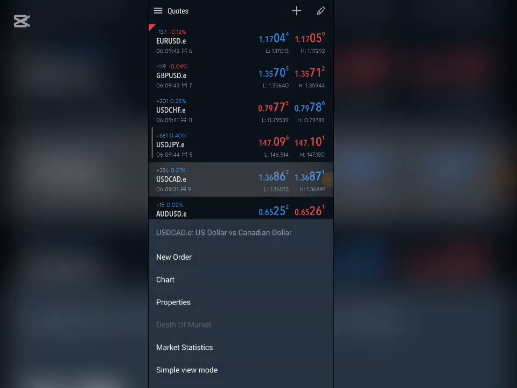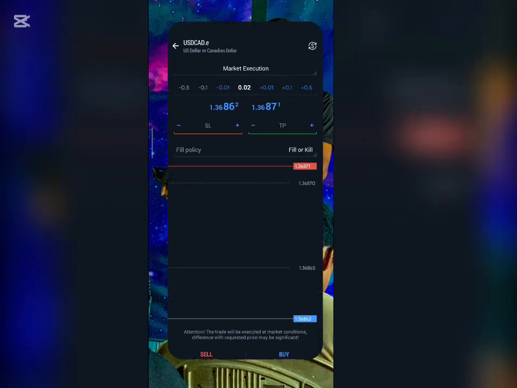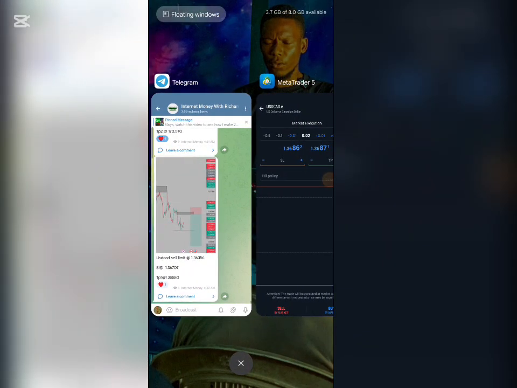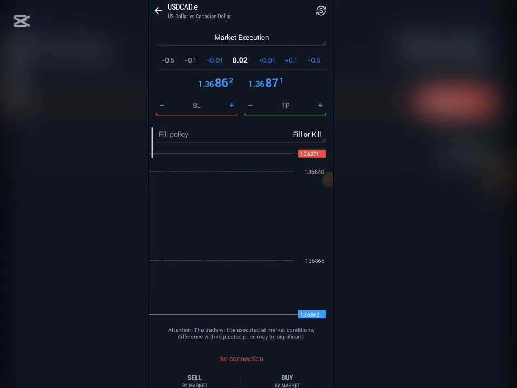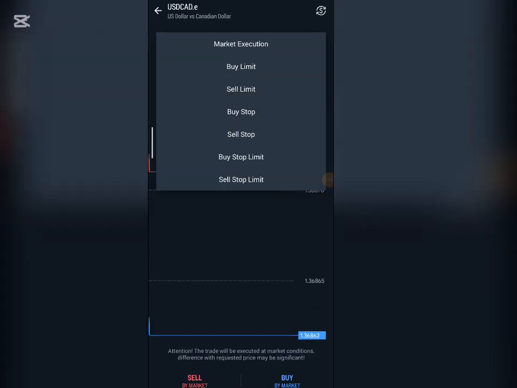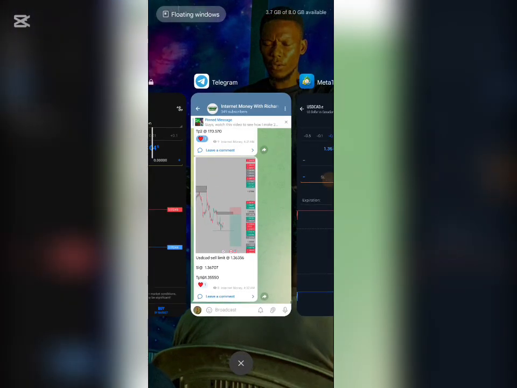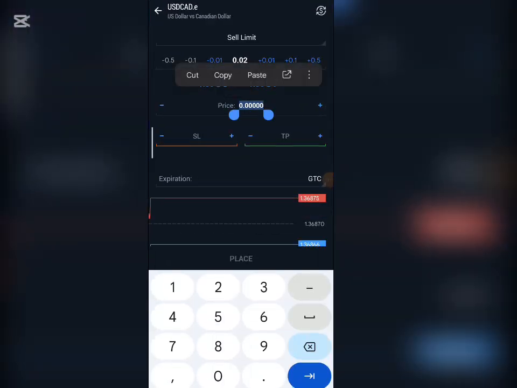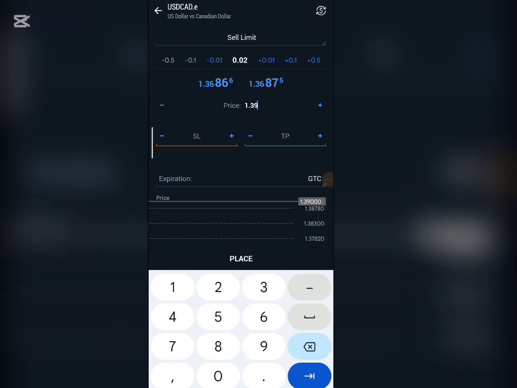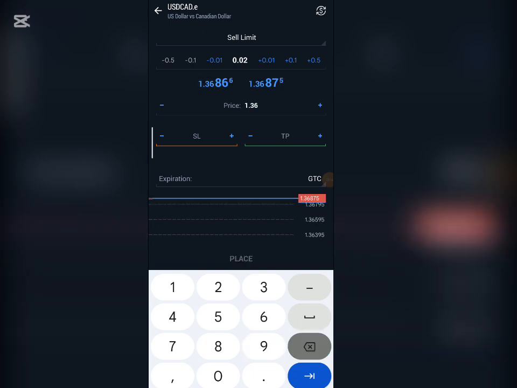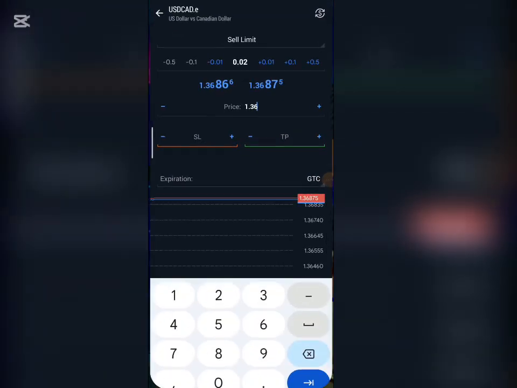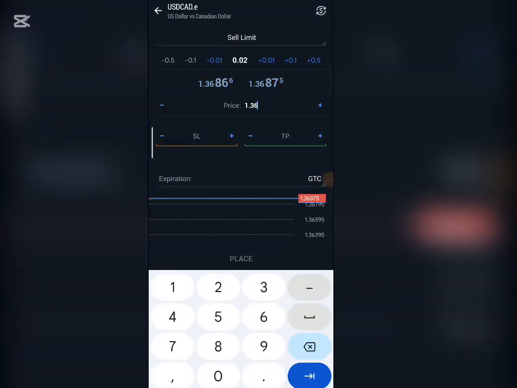This is also a sell limit. We're going to tap on market execution. This is sell limit, then 1.36. The price has obviously gone beyond 1.36.